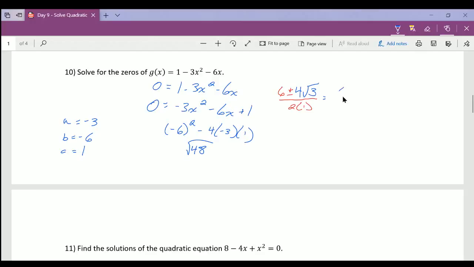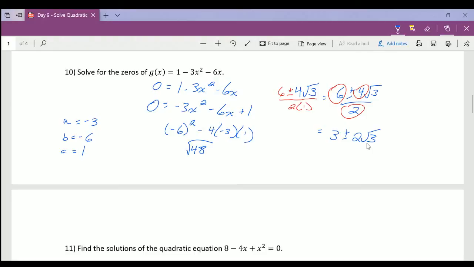That's going to be 6 plus minus 4 square root 3 over 2. And not looking at the radical, but looking at this number, and this number, since 2 does go into all three of them, we can just make this 3 plus minus 2 square root 3.